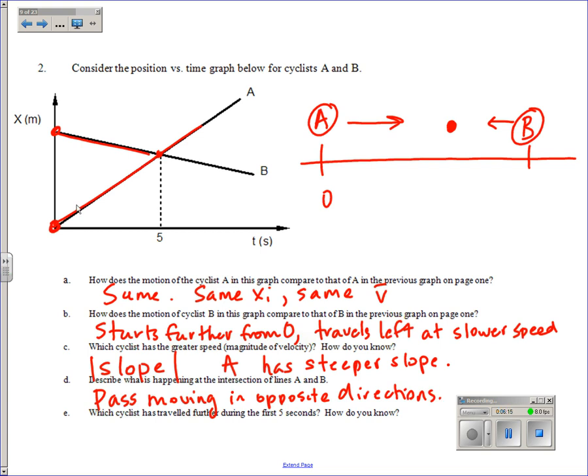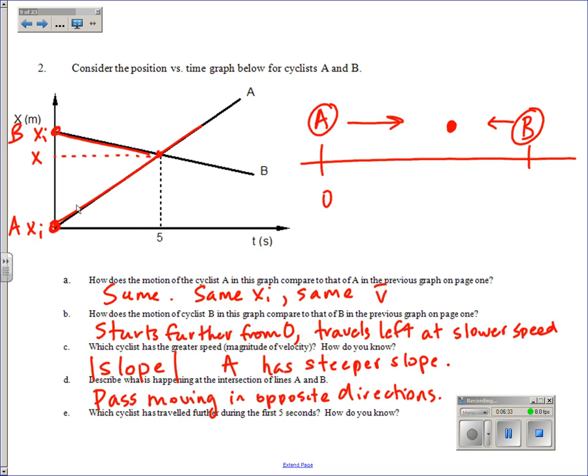Which cyclist has traveled further during the first 5 seconds? How do you know? For this, we want to only look at the position axis, and we want to look at the initial position of each cyclist. So here's B, here's A, and compare that to where they end up.